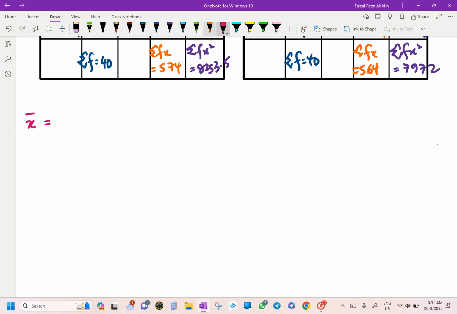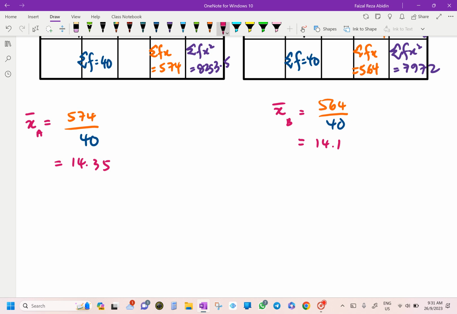The total of Fx 574 divided by the total frequency 40 gives 14.35. For species B, 564 divided by 40 is 14.1.